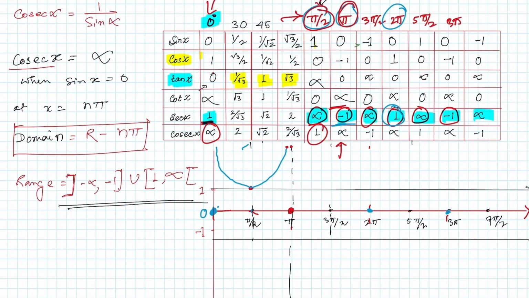Next, at 3 pi by 2, that's -1. So here is the -1, so here the graph will be like this. First let me draw this dotted line here.